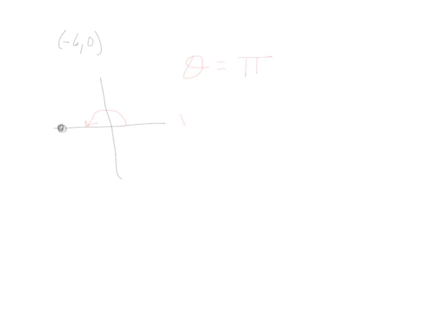What is the distance from the origin out to this point? Well, that distance is a positive value. We have moved 6. So when we write this in polar coordinates, we have the radius written first, the angle that we traveled written second, so the polar coordinates for this point would be (6, pi).